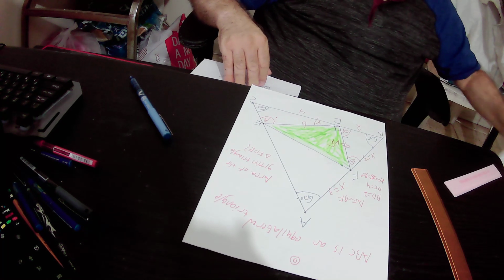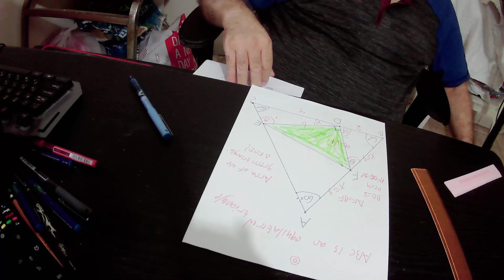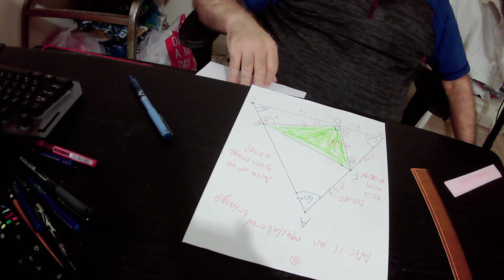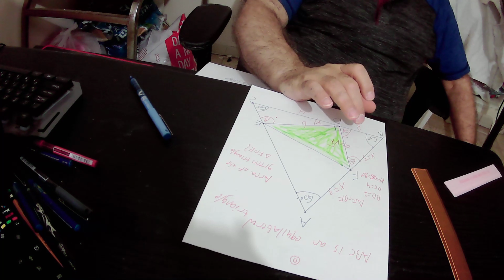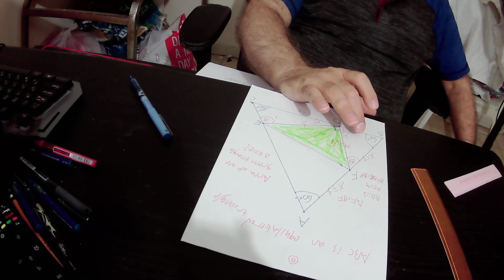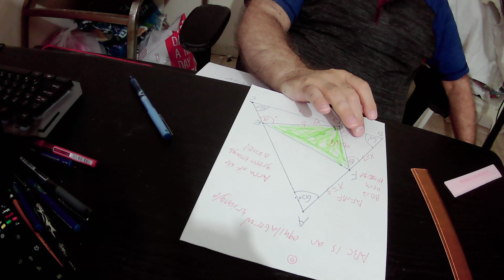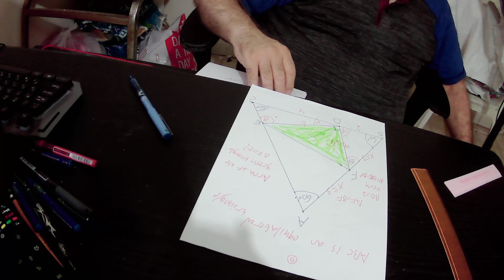Okay, then we created 4 equations. The first equation is related to the small triangle FBD. The first equation states that the sum of the angles in triangle FBD equals 180 degrees.